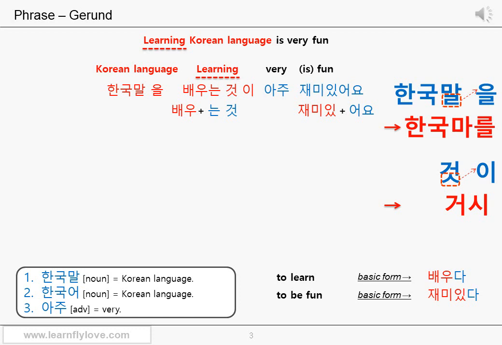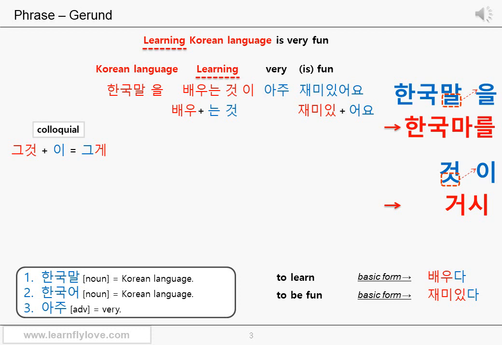Do you remember the colloquial form of a pronoun plus a particle that we learned in lesson 5? For example, the pronoun it, 그것, plus the subject particle 이 is 그것이. But you can combine the 것 and 이 sounds together and make the 게 sound.